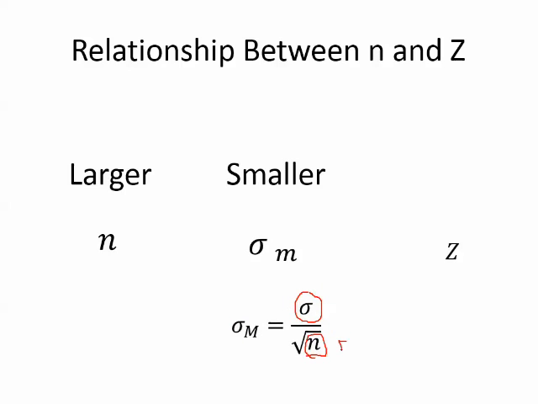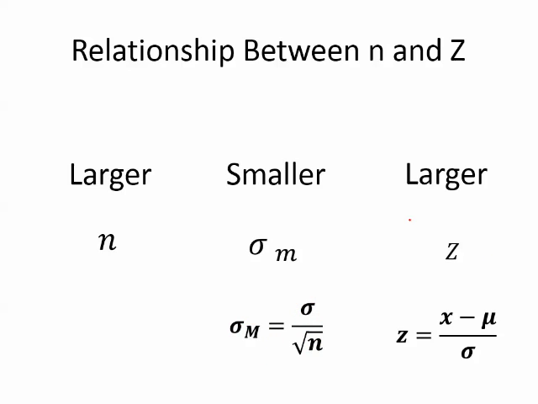So if n was 5 versus 50, the number we get here is going to be smaller. Now, a smaller standard error is going to lead to a larger z-score, because we should have an n here. This shouldn't be x. This should be n, because we're looking at the same thing. Sorry about that.